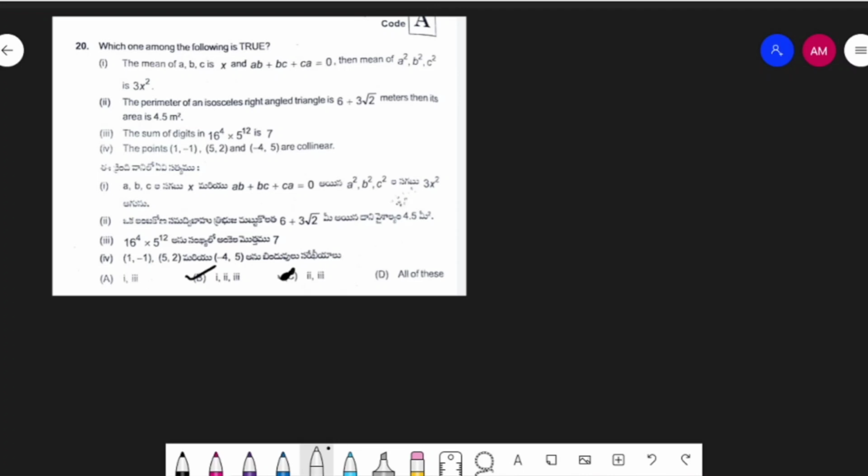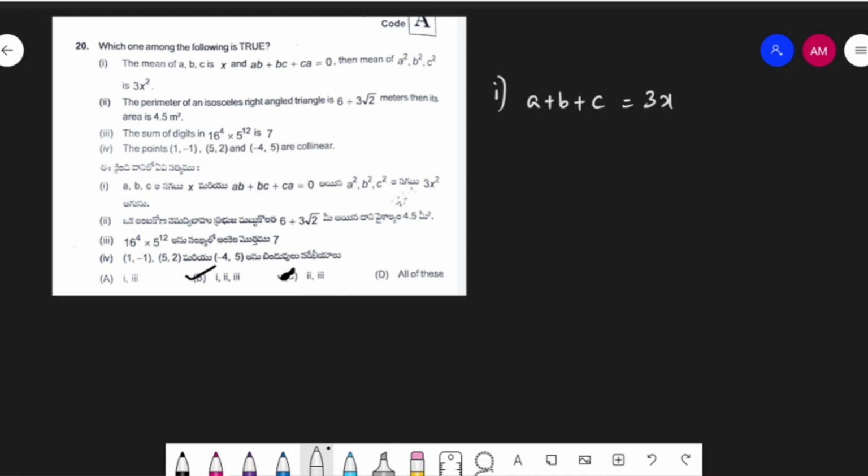So first one, what they gave, the mean of a, b, c is x. That means a plus b plus c by 3 is equal to x. So what will be a plus b plus c? 3x. And given that ab plus bc plus ca equal to 0. And what we have to find? We have to find the mean of a square, b square, c square, and it is given as 3x square. We have to check whether it is correct or not.